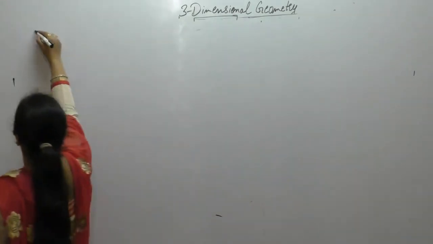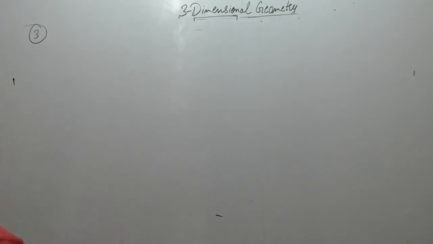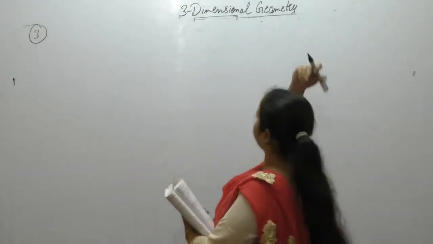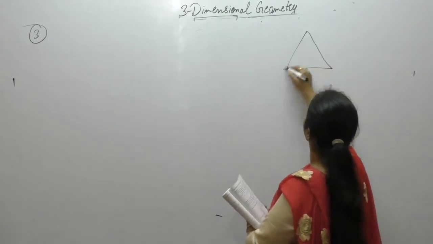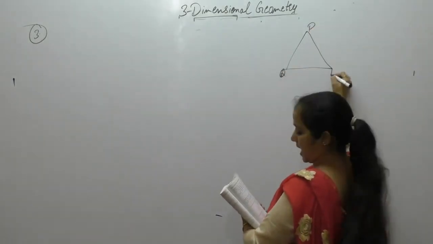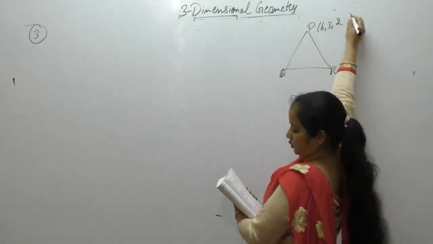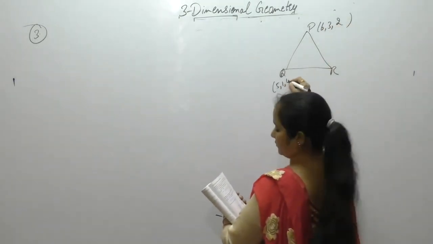Now the next question. P, Q, R are the vertices of triangle PQR. P is (6, 3, 2), Q is (5, 1, 4), R is (3, 3, 5).